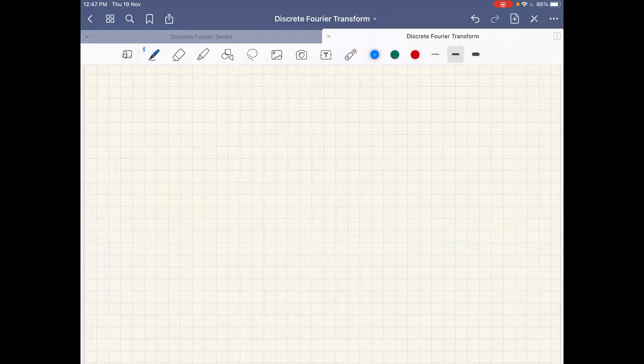Say we have x1 of n and x2 of n, and let both be aperiodic and discrete signals.